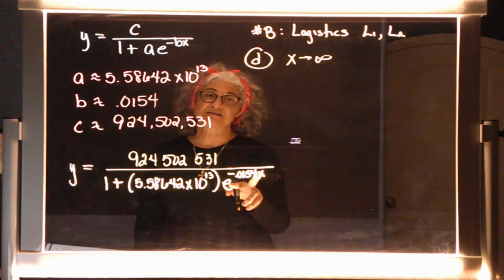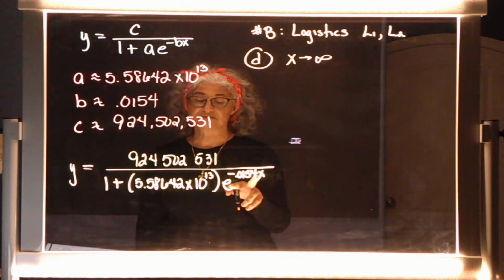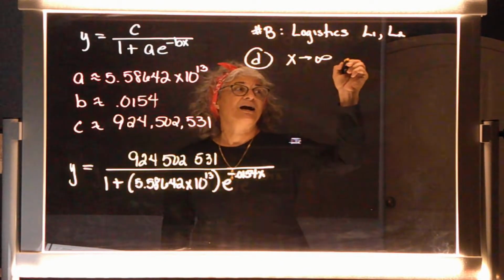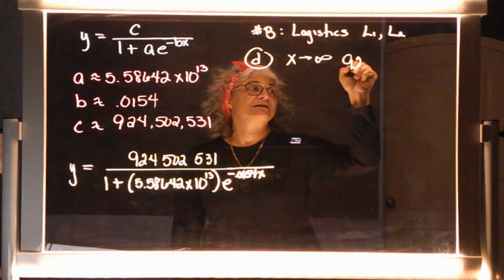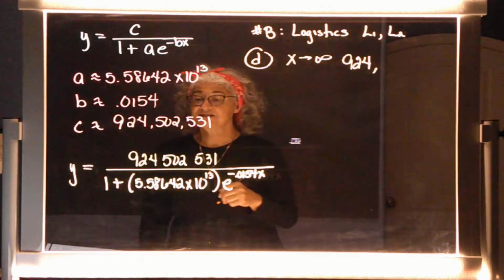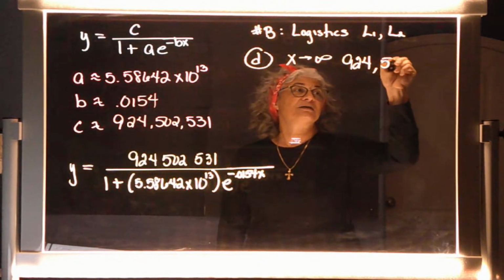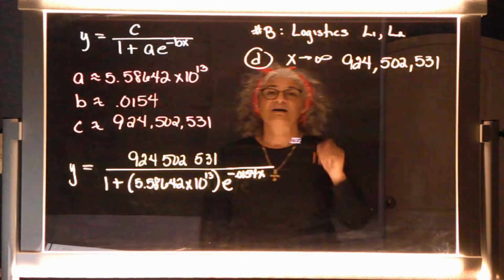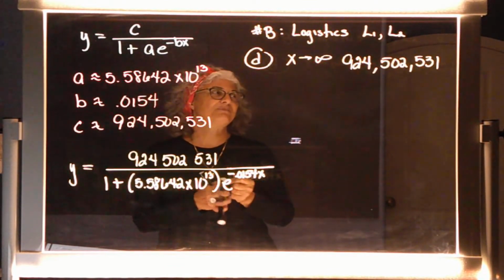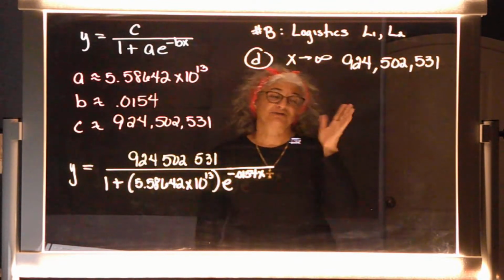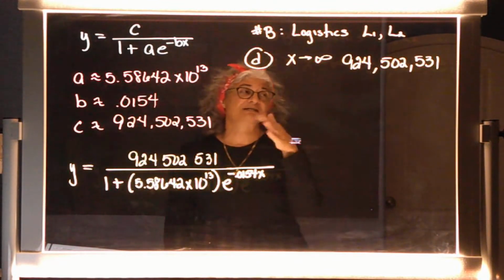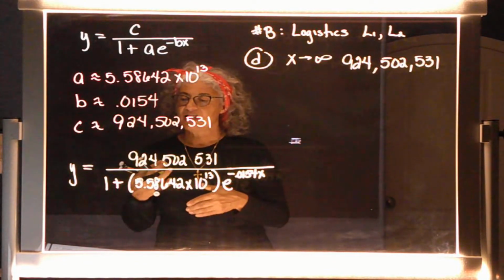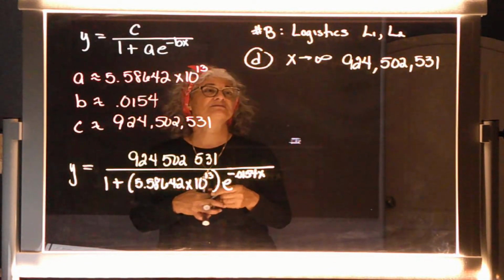This part basically becomes 0, which means when they ask for the carrying capacity, I'm basically getting the number in the numerator. I have 924,502,531 people. That's the amount of people according to them, the United States could hold. Good? Okay, let's get to part E.